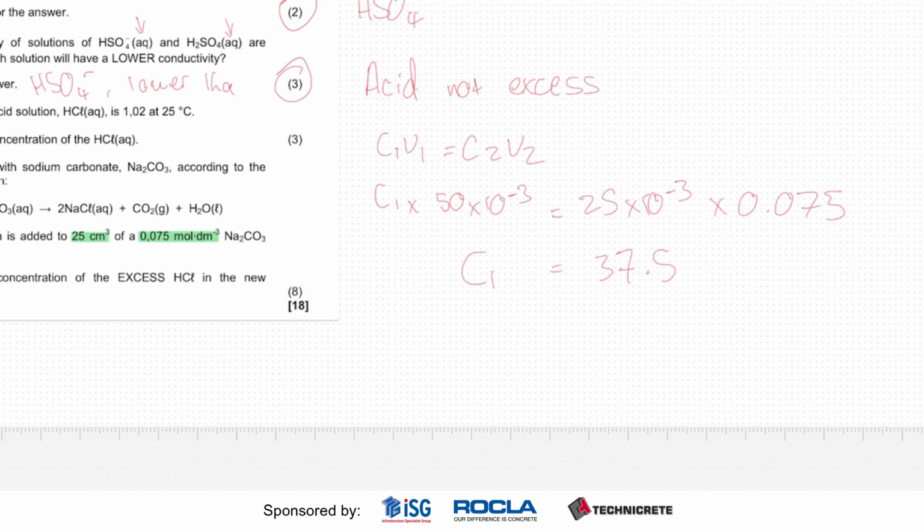So we'll first say 25 times 10 to the minus 3 times 0.075, and then we'll divide that by 50 times 10 to the minus 3. And we will get the correct answer. So I had the correct answer, just the wrong decimals. It's 0.0375.